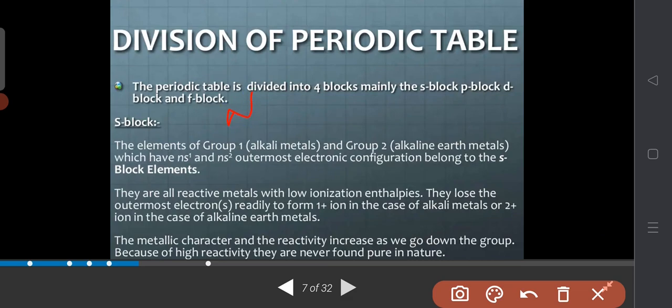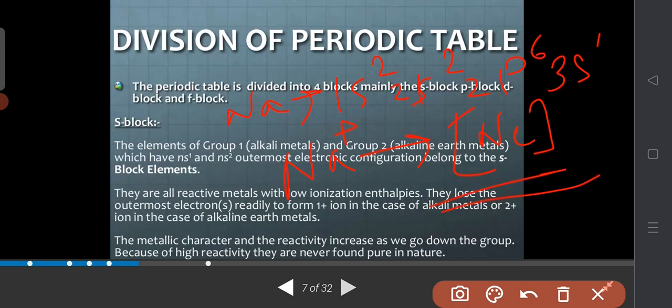In the case of the sodium atom, the configuration is 1s2, 2s2, 2p6, 3s1. If sodium loses 1 electron, it gets the nearest electronic configuration, that of neon, which is very stable. So sodium, or any alkali metal, has a tendency to release its outermost shell electron to get the nearest noble gas stable configuration.